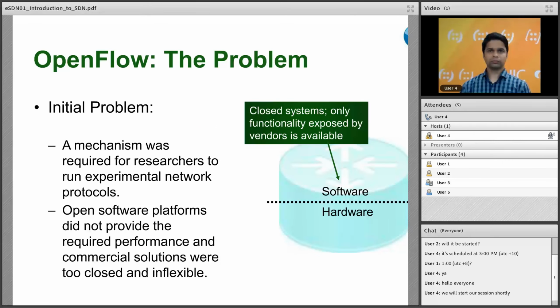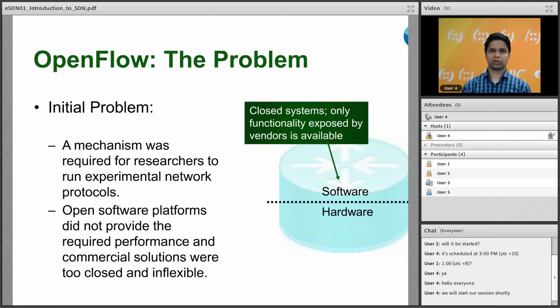With OpenFlow, the problem we were trying to solve is that we need a mechanism for researchers to run experimental network protocols. Clearly, network protocols need to run on network devices such as routers and switches. To do so, we have two options.